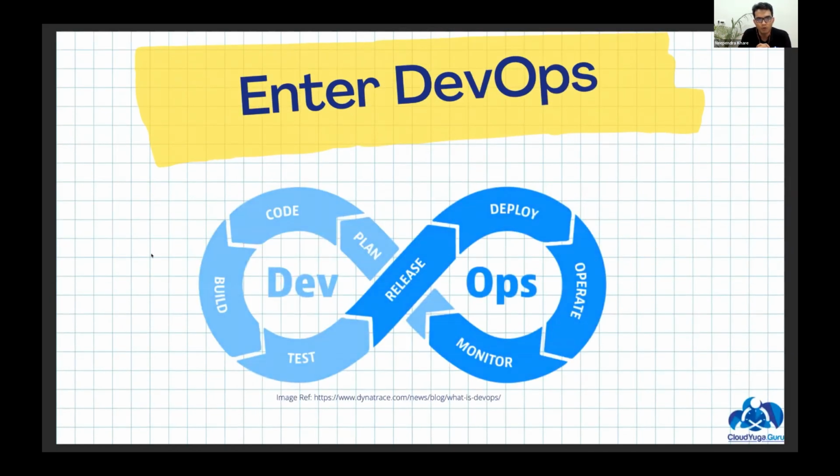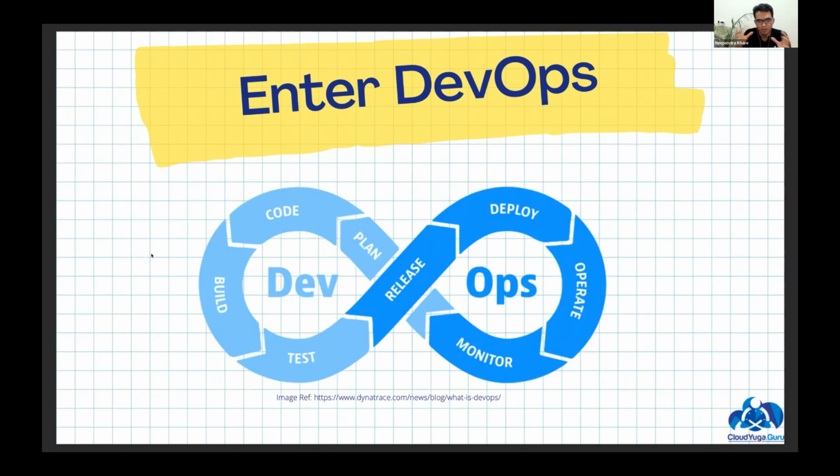That's where we moved to DevOps, in which I'm sure all of you have seen this particular diagram multiple times, where the dev and the ops teams work together, where you continuously plan, code, test, release, deploy, operate, and monitor. This happens continuously, and Agile and DevOps become very good companions to each other.